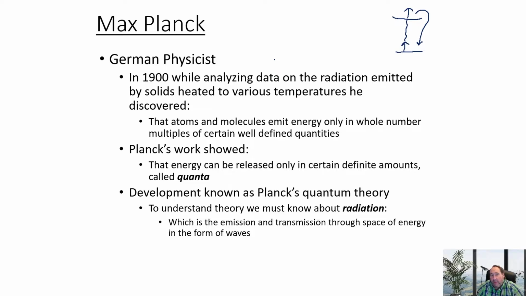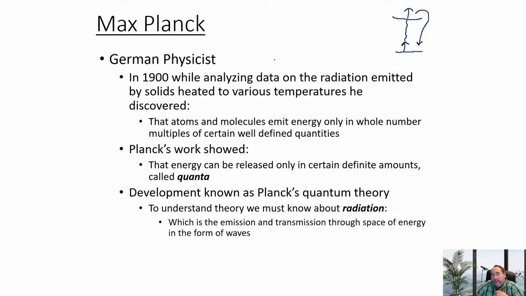A lot of work was done early on by a physicist named Planck. He has a constant, as we'll see later on, known as Planck's constant. He did a lot of experiments where he heated solids, and a lot of radiation was emitted as a result of that heating.